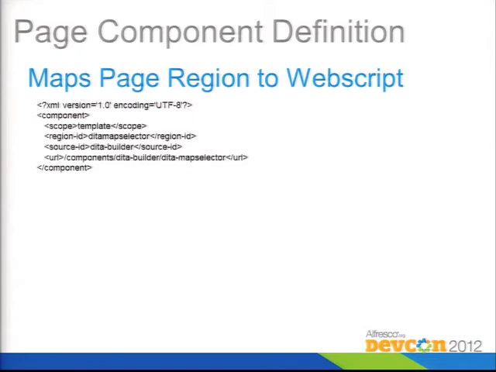The template here is defining the region that I had in that body page that was called the map selector, which is where I'm going to pick my map on one side of the page. And it's going to map that to an action class at the bottom here, which is called the data map selector, and I'm giving it a URL there that I can follow down to the actual code.